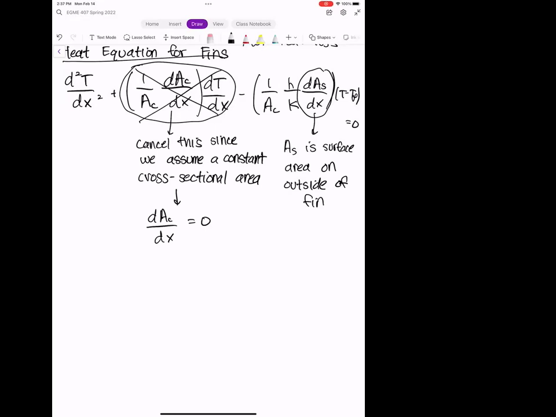So let me draw you a picture just to show you how we derive that term. All right, so here we have a typical fin. Let's assume the fin is cylindrical, and so a certain cross-section has a perimeter P. And let's say that this perimeter is measured at some distance x away from the base.